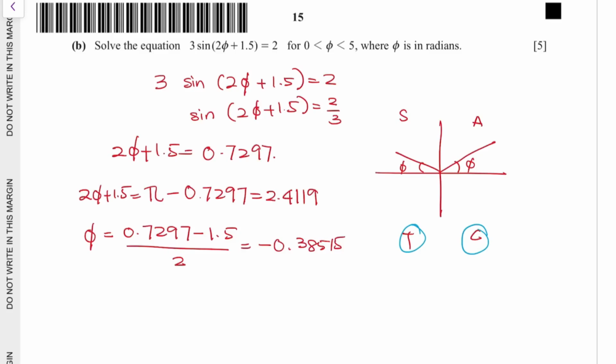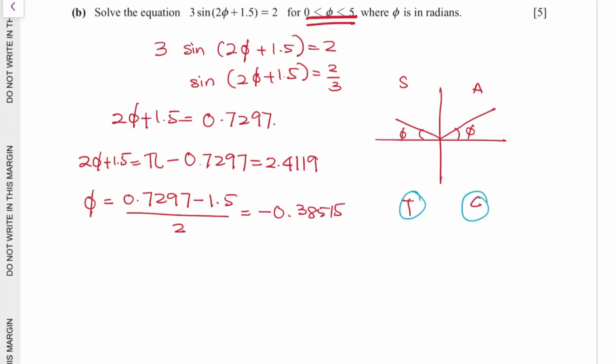You probably can see now that it's not within the range, which is 0 to 5. This is a negative number, right? The next phi would be when I have 2.4119 minus 1.5 and then divided by 2, I would get 0.456. And you can see that this one is falling within the range. This is not. This is it.